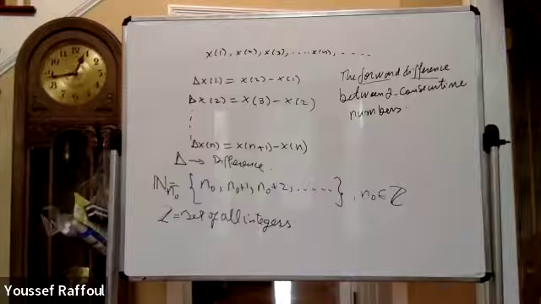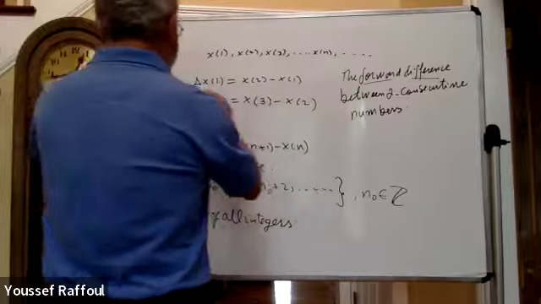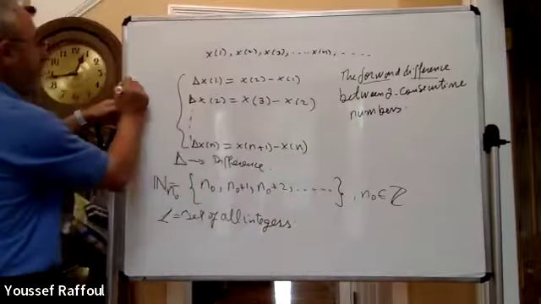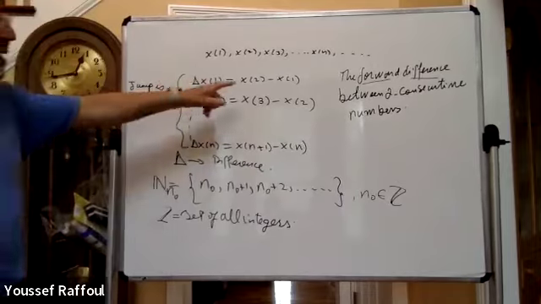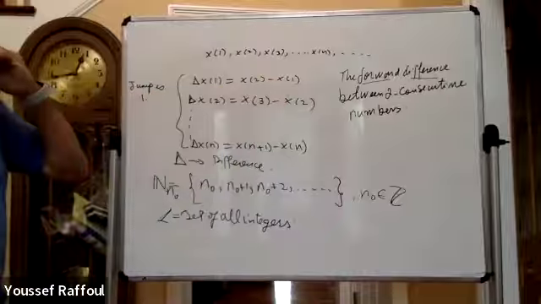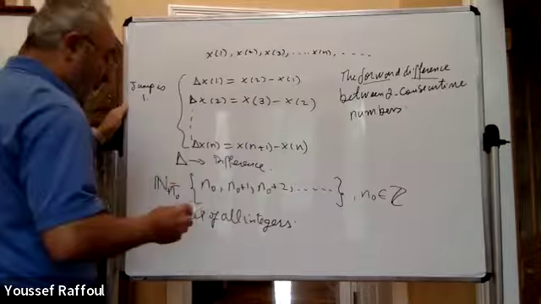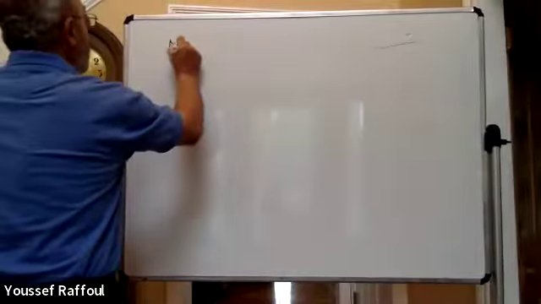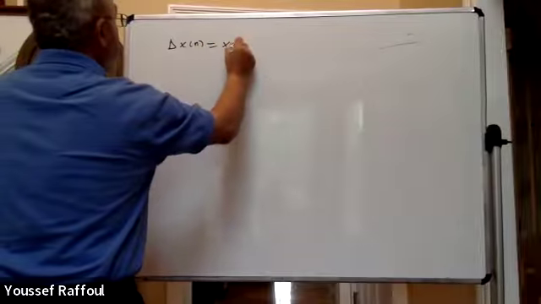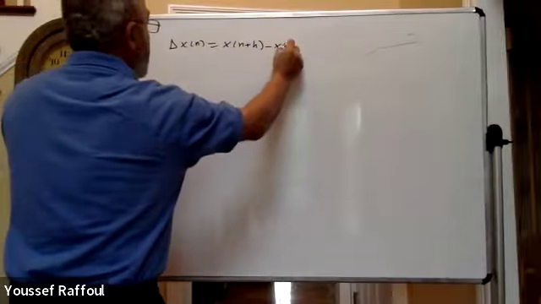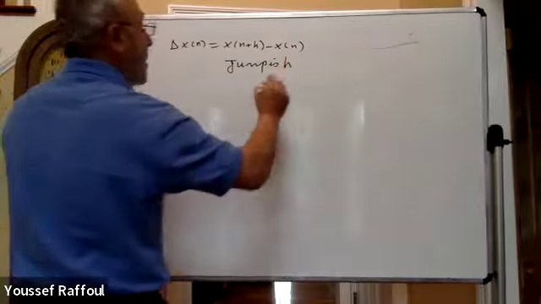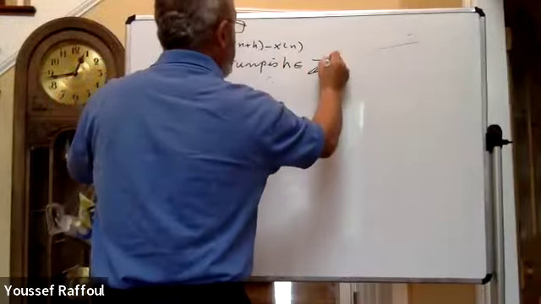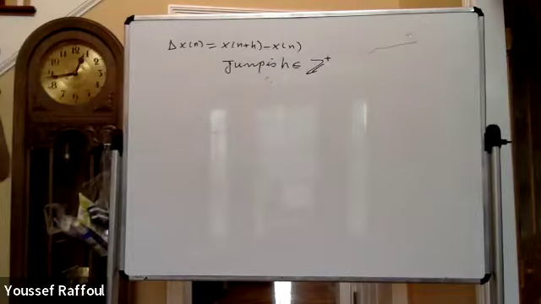Now, here we looked at the jump. The jump is 1 because I go from x2 minus x1. If I do something like del xn equals x of n plus h minus xn, the jump here is h, and h belongs to Z plus. It's a positive number.